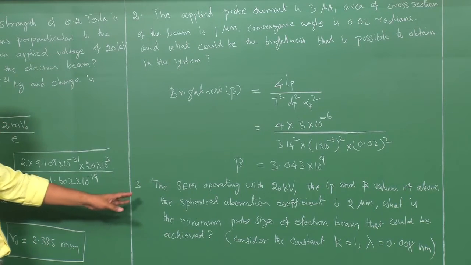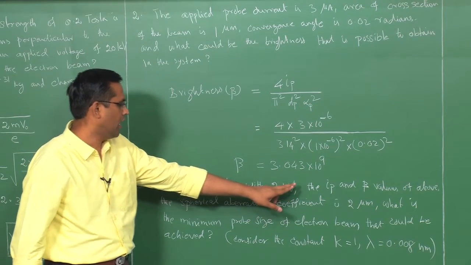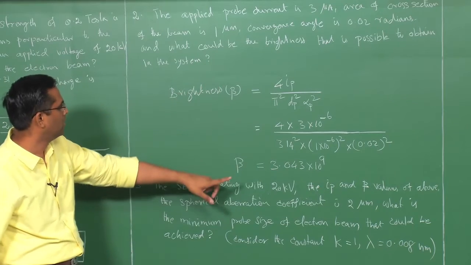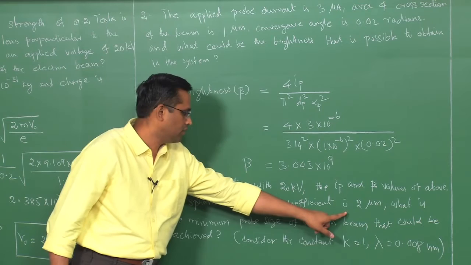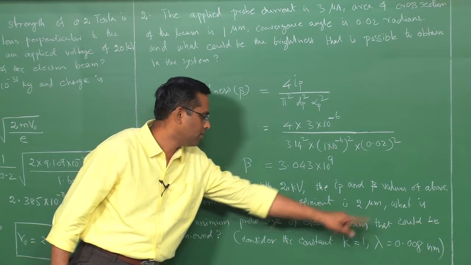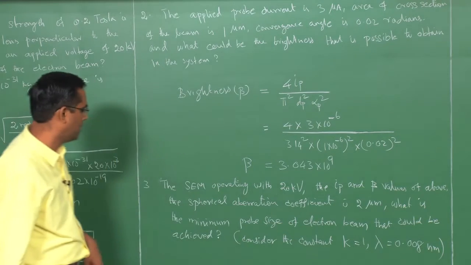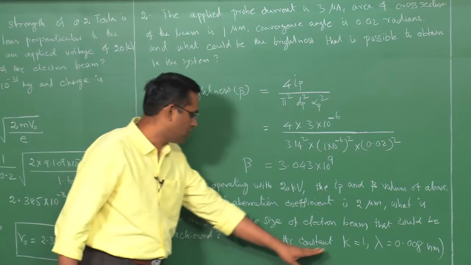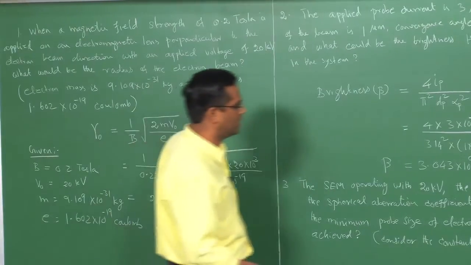What is the minimum probe size of the electron beam that could be achieved? You can consider the constant k equal to 1 and lambda equal to 0.008 nanometers.